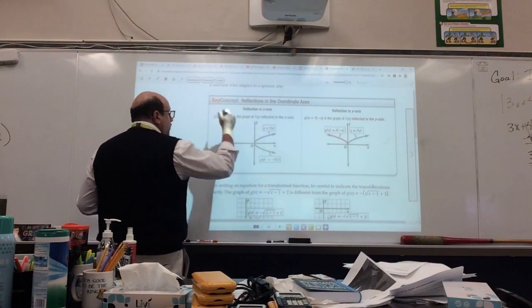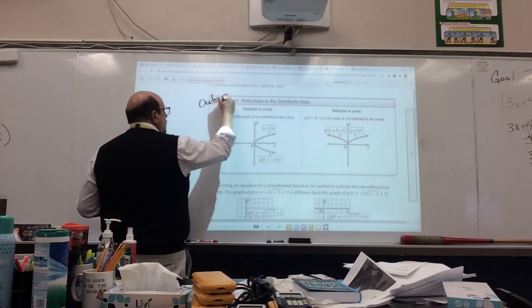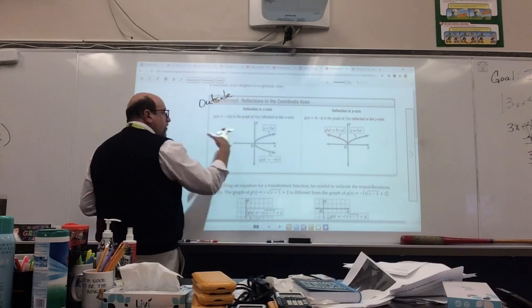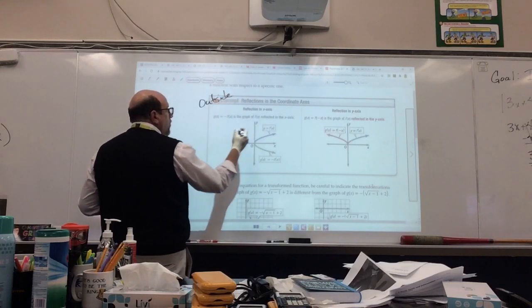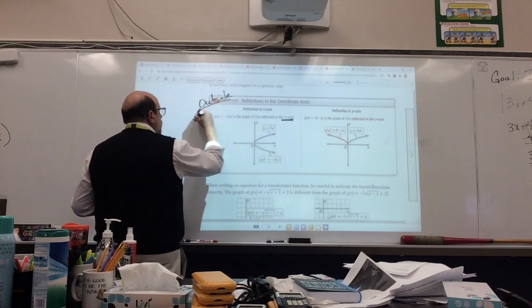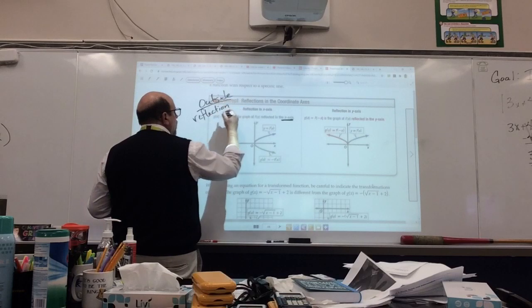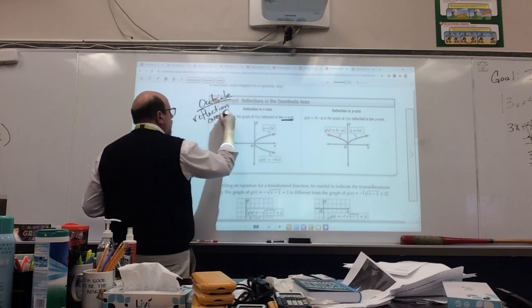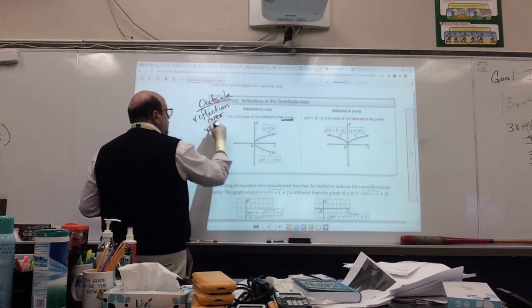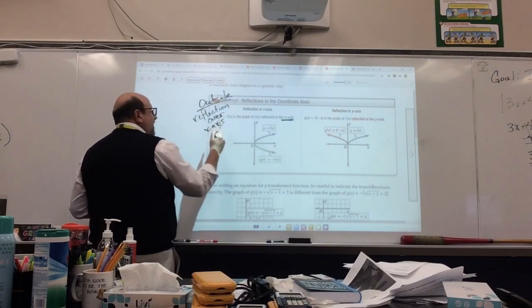So if we're talking about outside of the function parentheses, we're talking about reflection over the x-axis. All right?